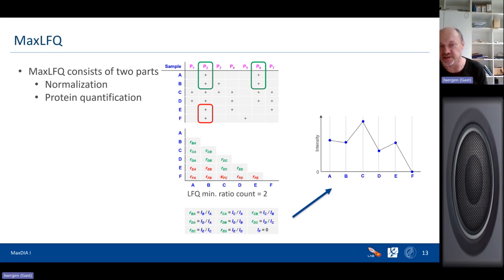Then in each pairwise comparison, taking the maximum amount of peptides that you can use for this pairwise ratio.